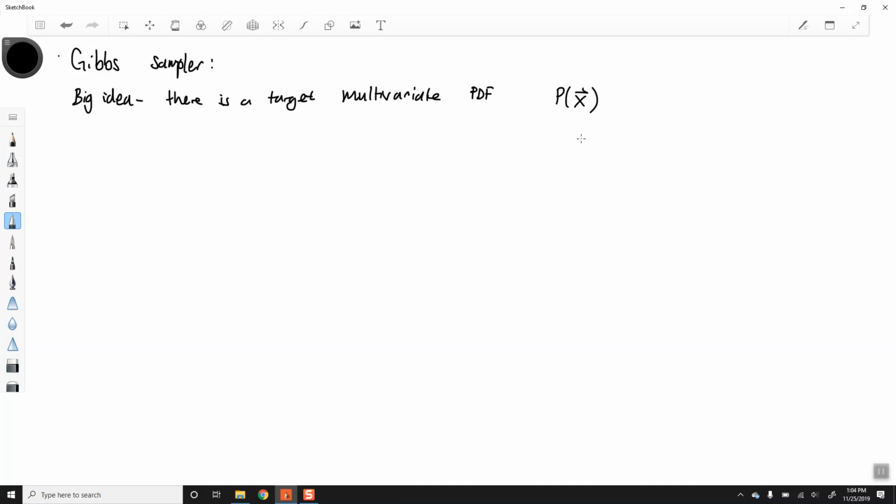It might be difficult to sample from directly. Keep in mind x is a multivariate vector, something like x1, x2, x3, up to xd.